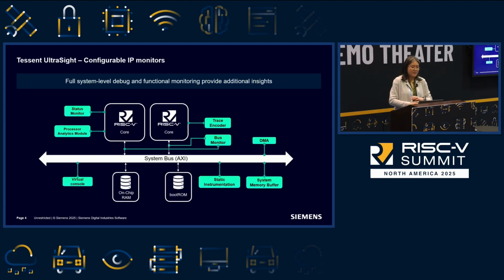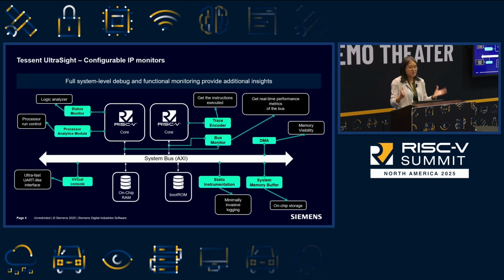Let me talk a little bit about the configurable IP monitors. This slide shows a collection of the embedded IP monitors that we include as part of Tessent UltraSight, which provides system-level debug and functional monitoring capabilities. There are different types of functional monitors monitoring different aspects of the SoC.